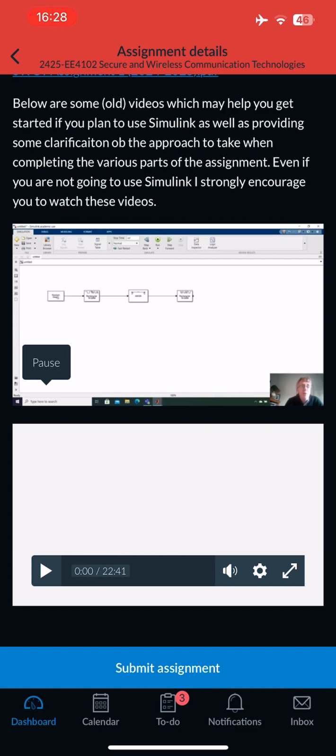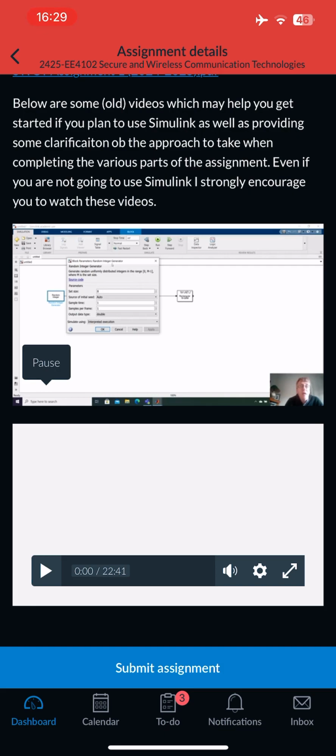So the first thing we want to do here is configure our random integer generation. The only quantity here we really want to change is the set size. As the description tells you, this block randomly generates, using a uniform distribution, integers in the range of 0 to M-1, where M is the set size.